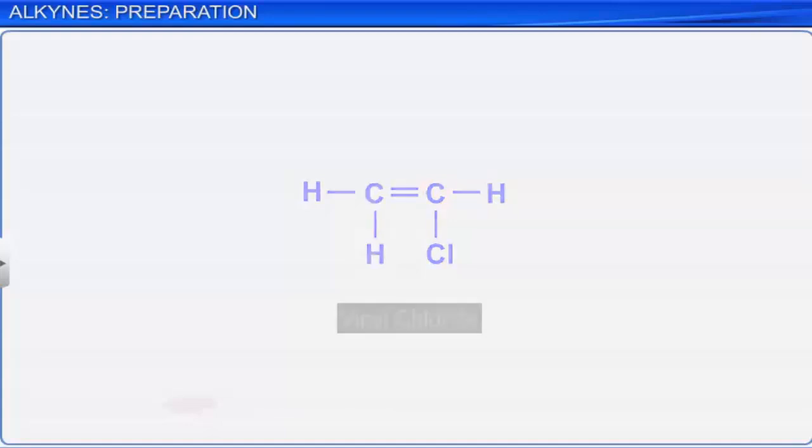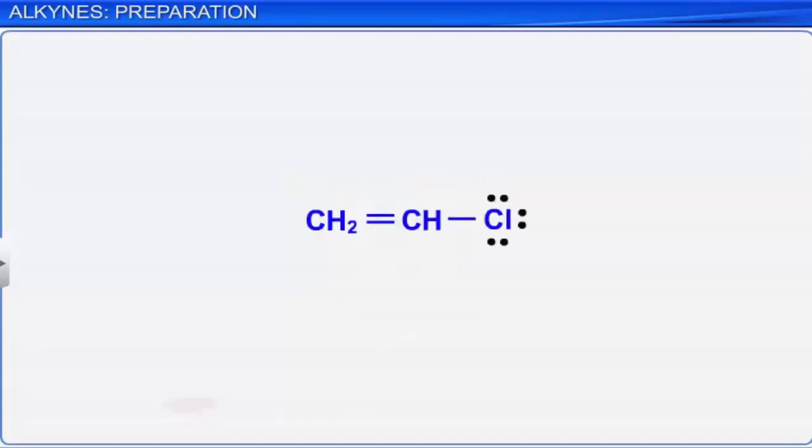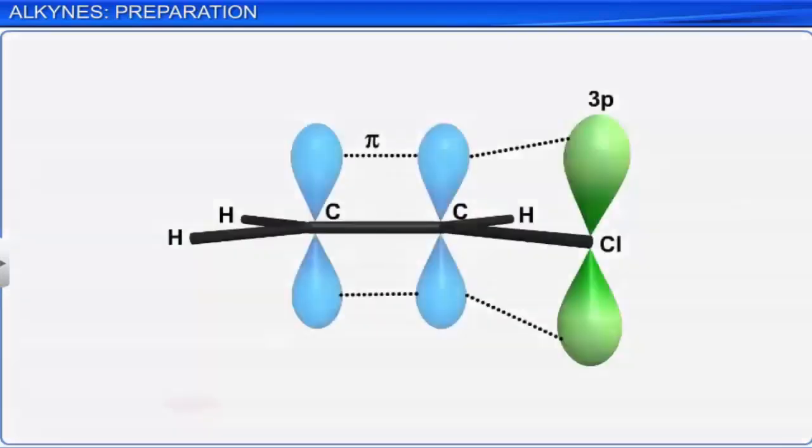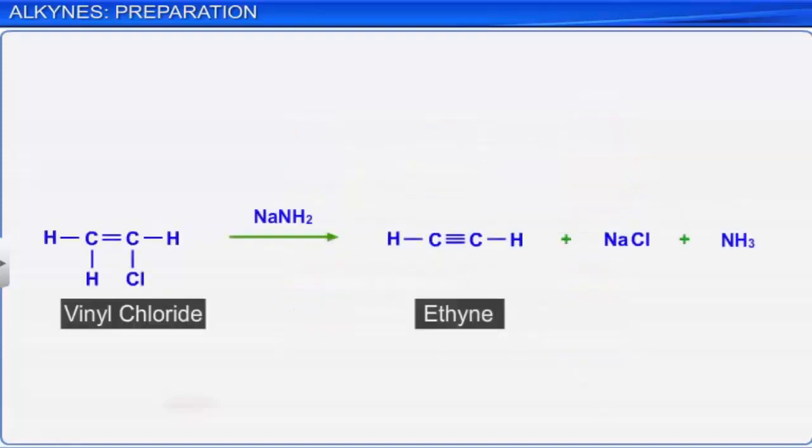In other words, as the non-bonding electrons of chlorine and the pi electrons of the carbon-carbon double bond are in conjugation, the carbon-halogen bond acquires a partial double bond character and the removal of it becomes difficult. Hence, a strong base, such as sodamide, is required for the removal of hydrogen chloride from vinyl chloride to form ethyne.